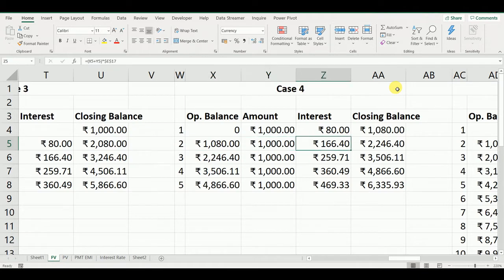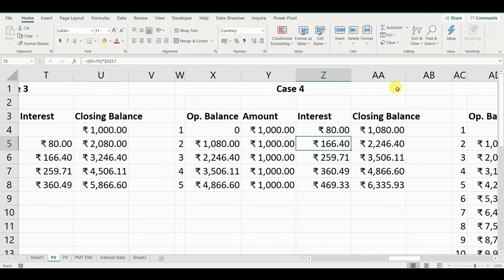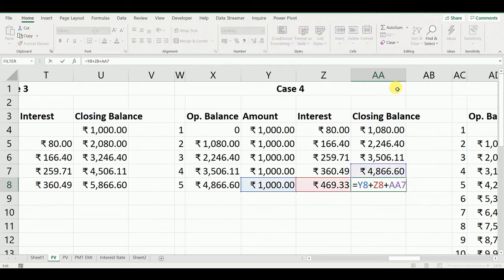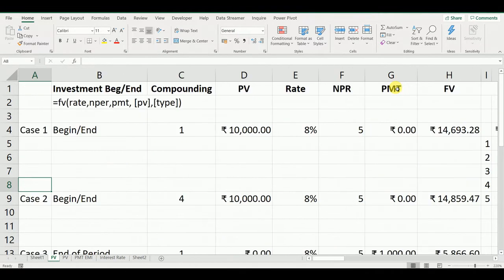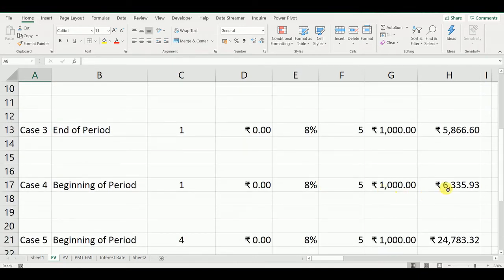So we will get the interest on 2080. So our closing balance is 2246. In this manner, after the end of 5 years, we will get 6335.93, which is equal to the figure we have derived from our formula.